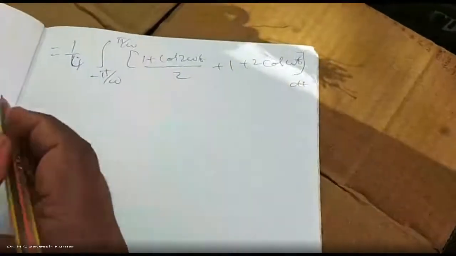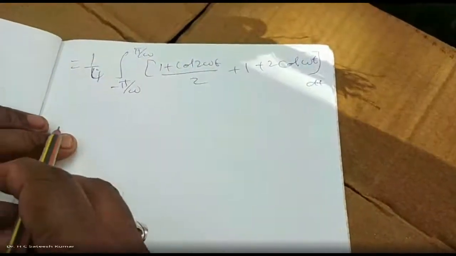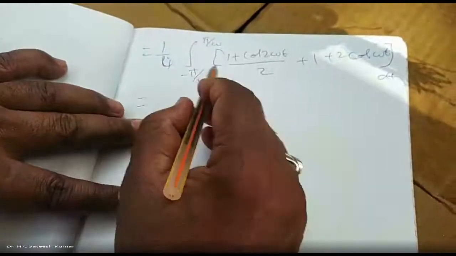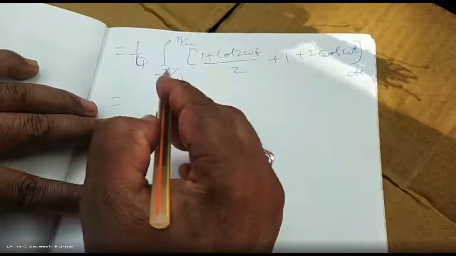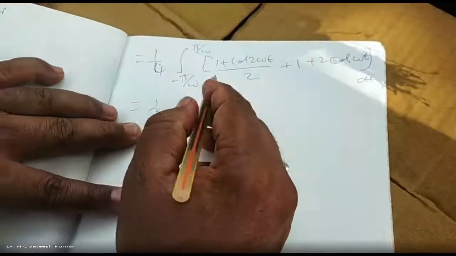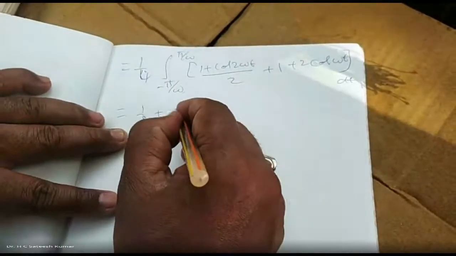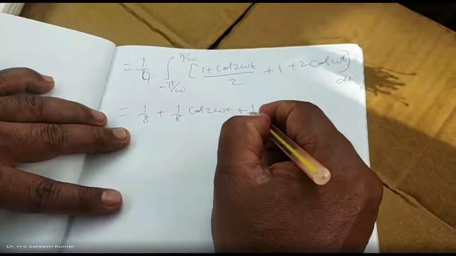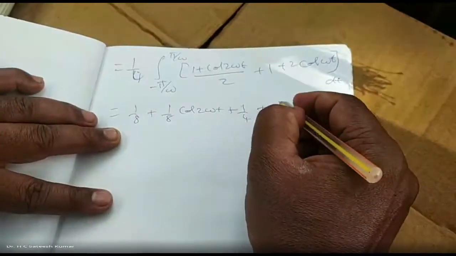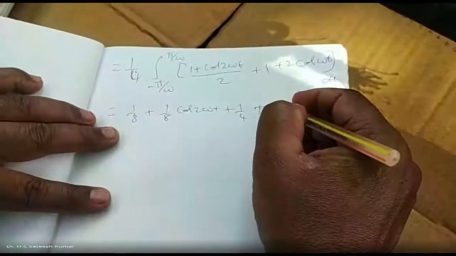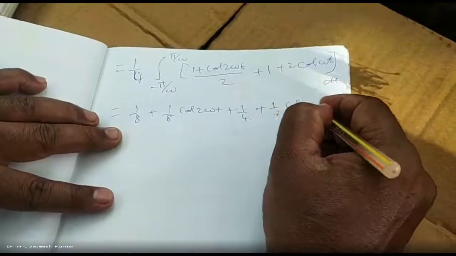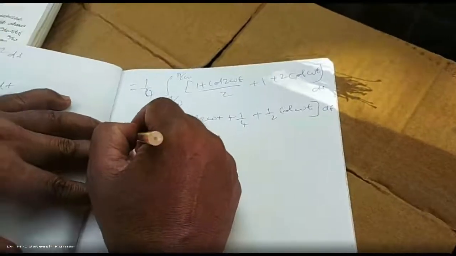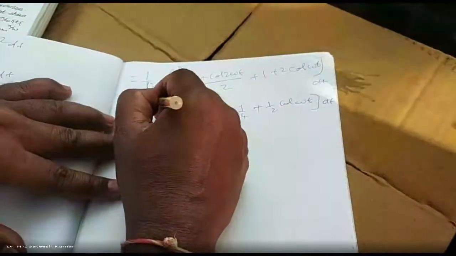Integrate this one. First you multiply all these things, then you will get 1 by 4 into 1 by 2, 1 by 8, plus 1 by 8 cos of 2 omega t plus 1 by 4 plus 2 by 4, 2 by 4 is 1 by 2 cos omega t dt, integration from minus pi by omega to plus pi by omega.